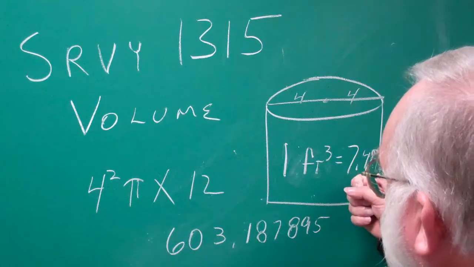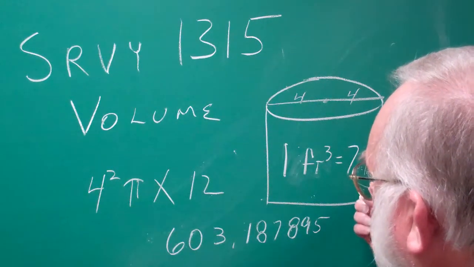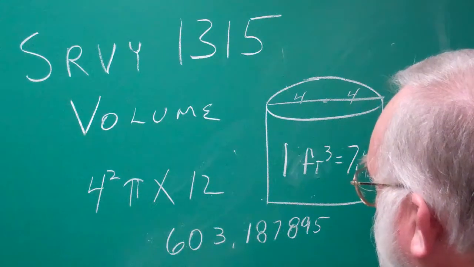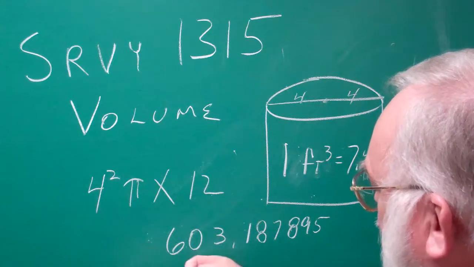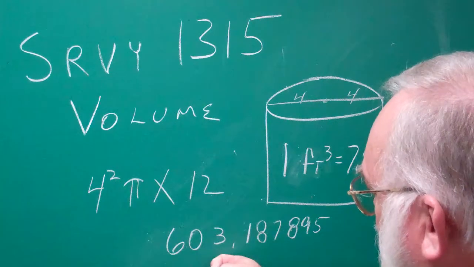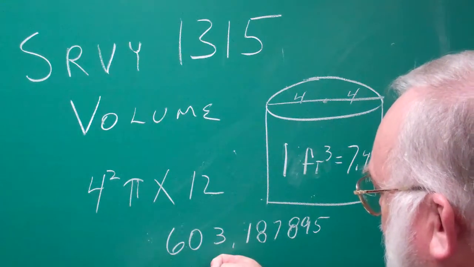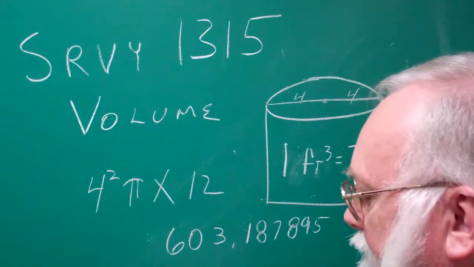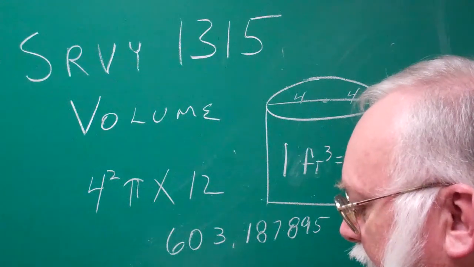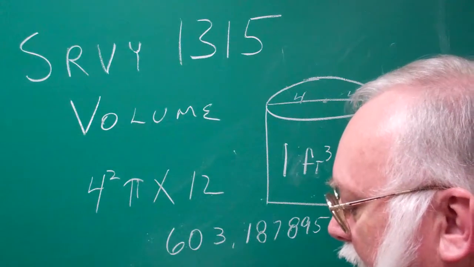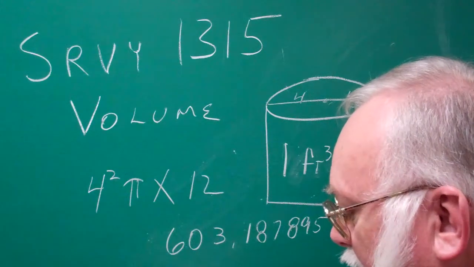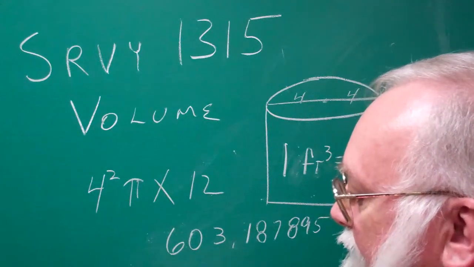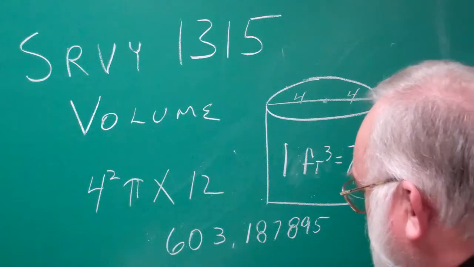So 7.481 gallons per cubic foot. You have 603 cubic feet, and 16 times pi times 12 equals 603. Okay, I got that right.